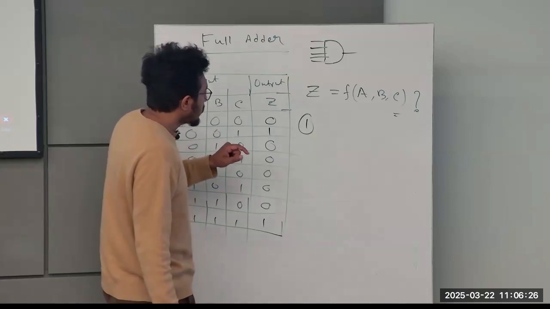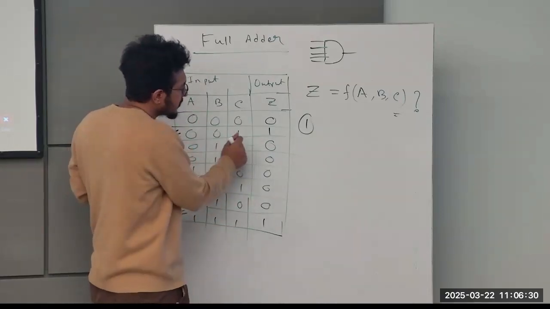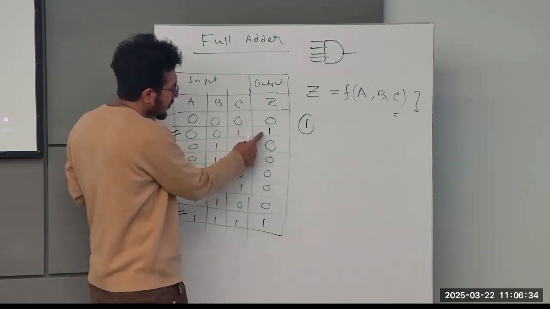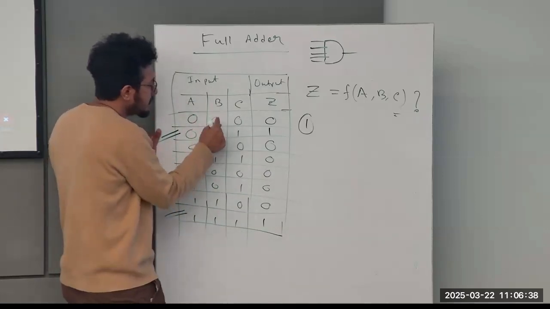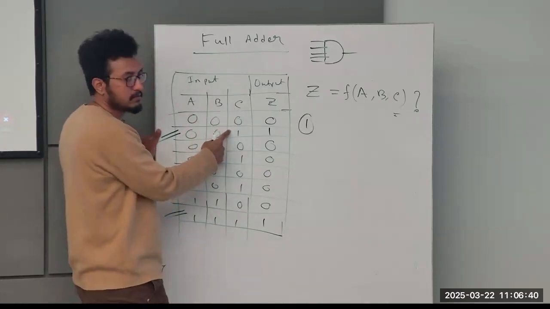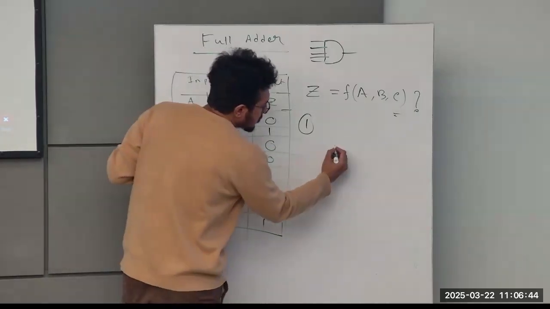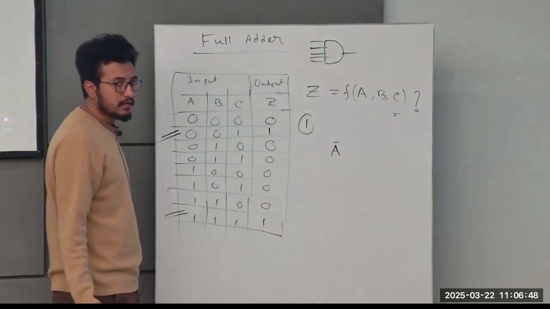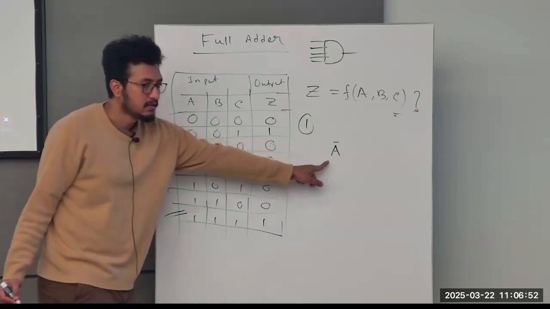So I want to write a Boolean function that gives me a 1 for Z for this combination of ABC, when A is 0, B is 0, C is 1. How can we do that? When A is 0, A not is 1.